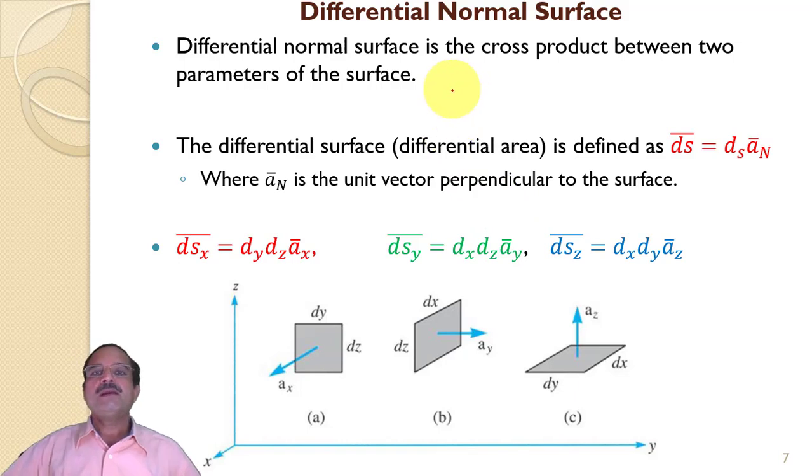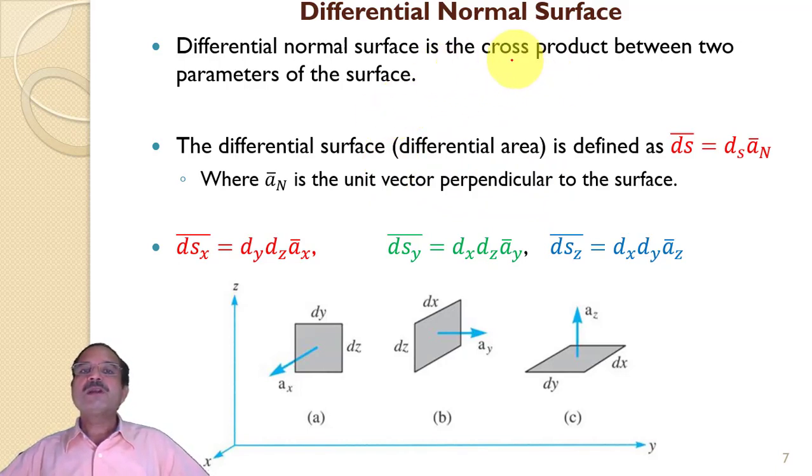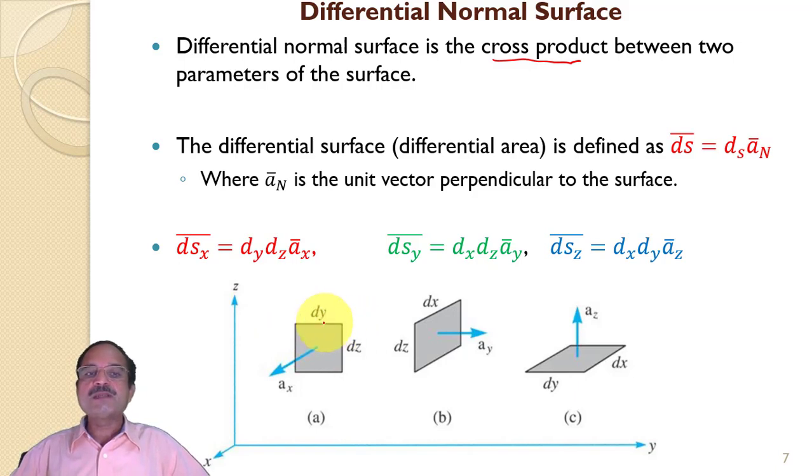In the same manner, we have a differential surface. This is also a vector quantity. The differential surface is the cross product between two parameters of the surface, that is, the two sides of the surface. For example, if I consider this surface, one side is dy, the other side is dz.